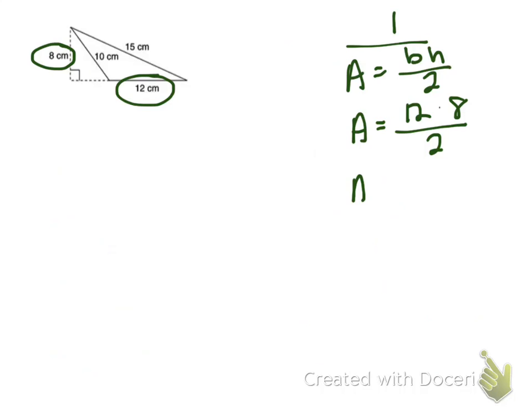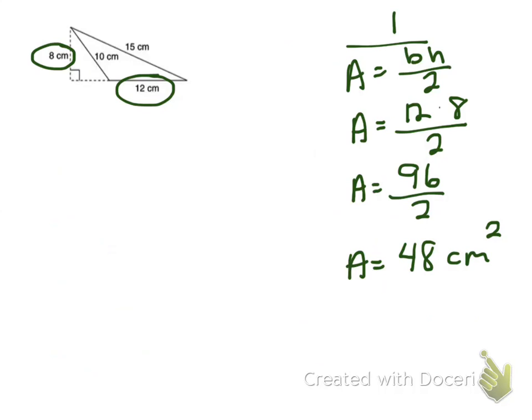So if I multiply my 12 times my 8, that's going to give me 96. I'm going to divide that by 2, so when I take 96 divided by 2, that's going to give me 48, and then I can't forget to do my label of centimeters squared.